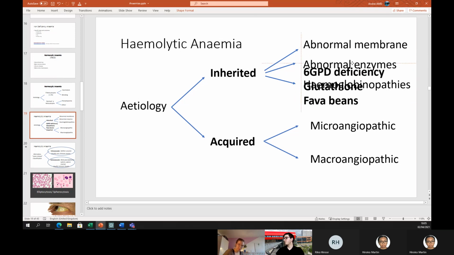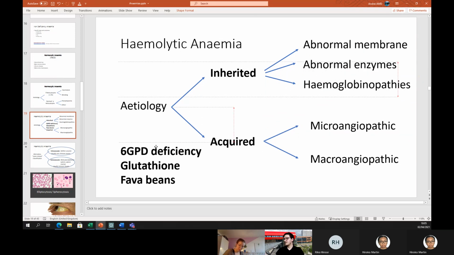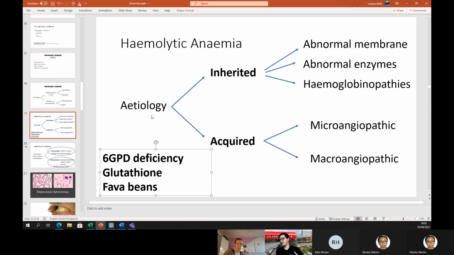They're over here at abnormal enzymes: glucose-6-phosphate dehydrogenase deficiency, glutathione, fava beans. You eat fava beans, you have this problem, and your red blood cells explode. So again, an acute episode of hemolytic anemia, inherited condition.